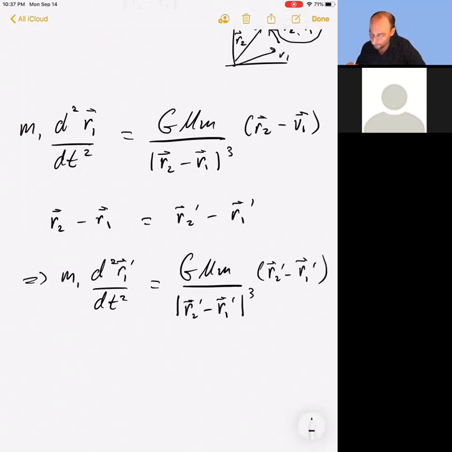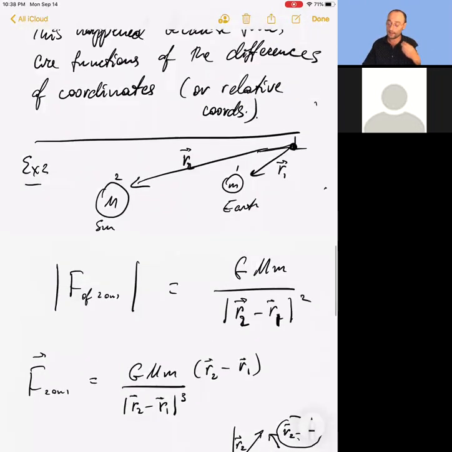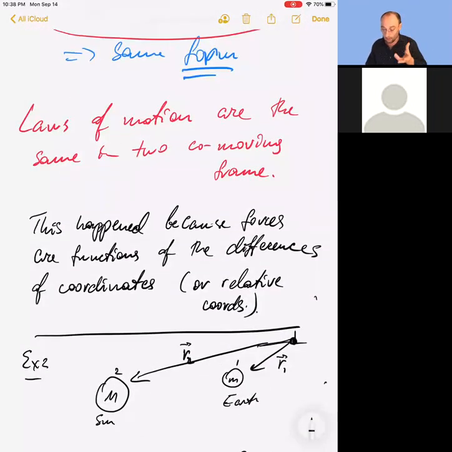It's an optional video. Because the forces are functions of differences of coordinates, the vt cancels, and we obtain an equation describing the Earth-Sun system that has the same form. The form is preserved. The physical content of this equation of motion is the same. The law of motion is the same.